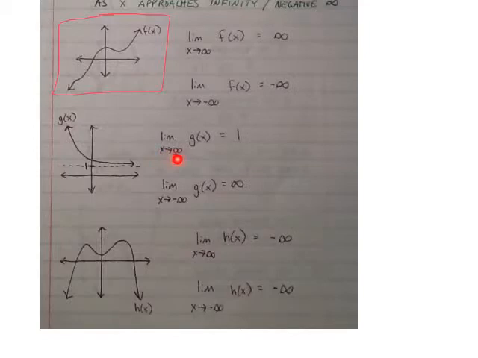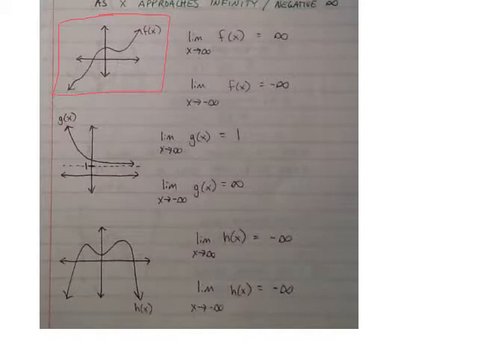So we say the limit as x goes to infinity of g of x is 1. In the opposite direction, our curve goes up and just keeps going up. So the limit as x goes to negative infinity of g of x is positive infinity.